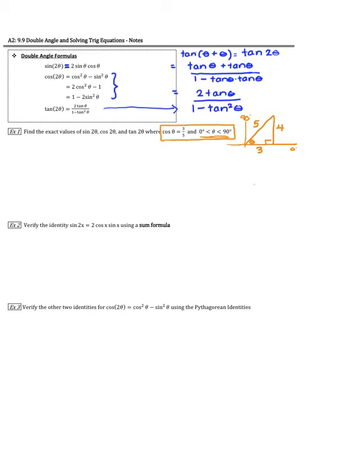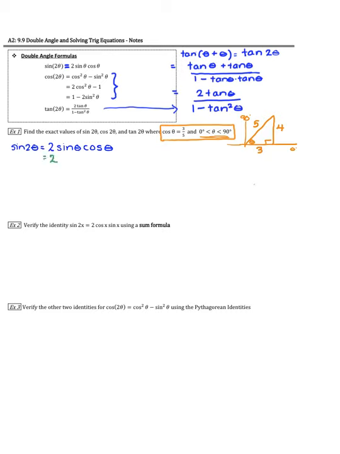All right, find the exact value of sine 2 theta. First thing we do is expand it with our identity. So sine 2 theta is the same thing as 2 sine theta cosine theta. Now that I don't have a double argument, I just have theta, not 2 theta, I can look to my triangle and substitute.